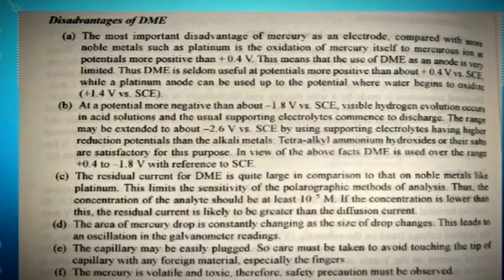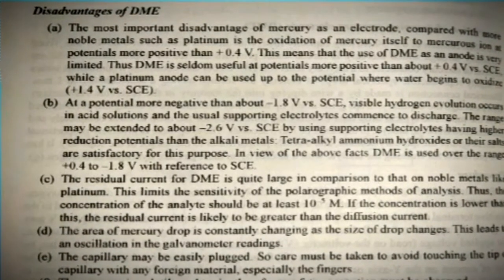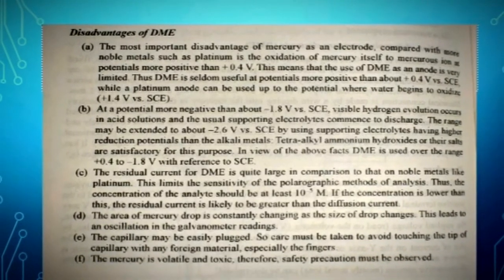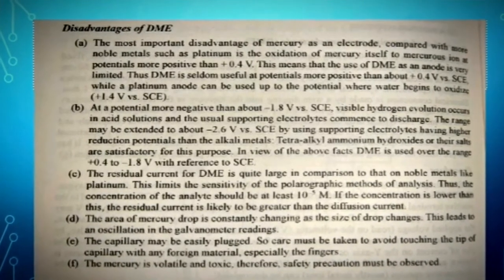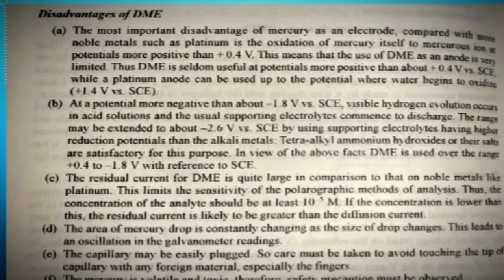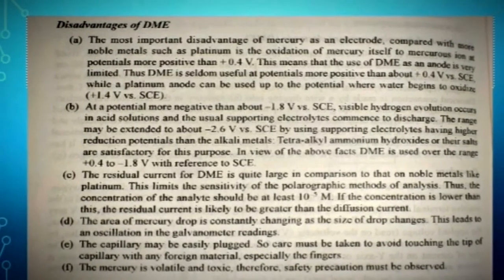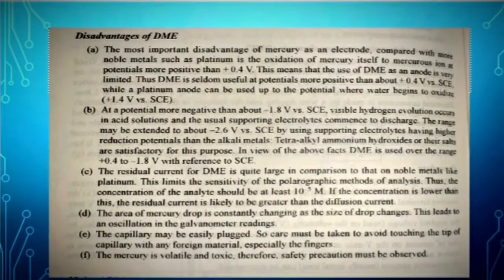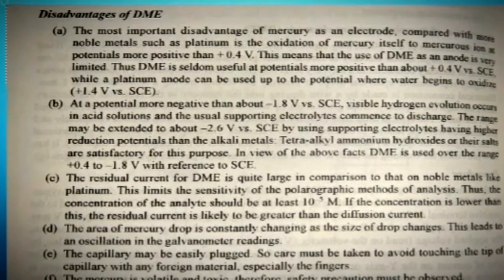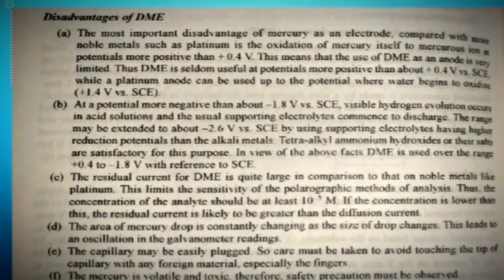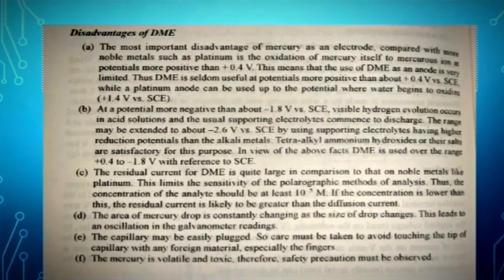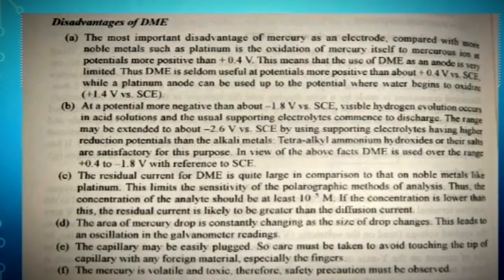The third point talks about residual current. The residual current of DME is quite large in comparison to that of other noble metals like platinum. This again will limit the sensitivity of the polarographic method, or the effective analysis of the analyte will be affected when the diffusion current is too high. The next point talks about the area of the mercury drop.